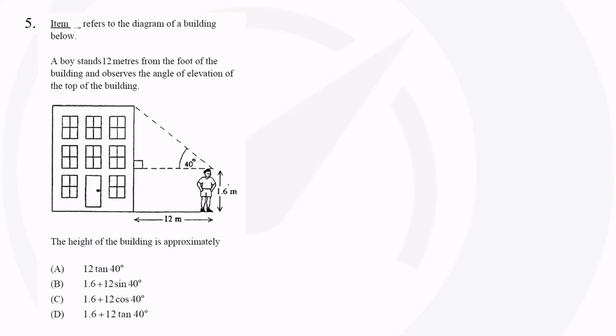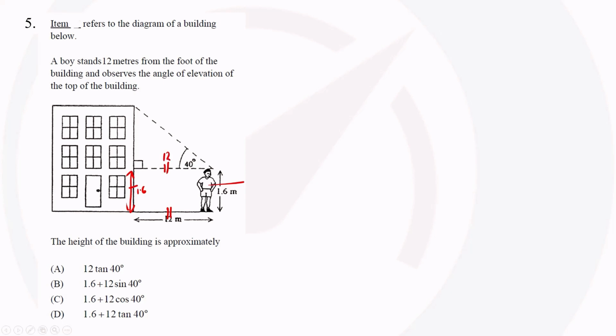Alright, let's apply what we know about rectangles. So we know that opposite sides are equal, so if here is 1.6, then here is also 1.6. So this distance here is 1.6. And if here is 12 meters, then here is also 12 meters.